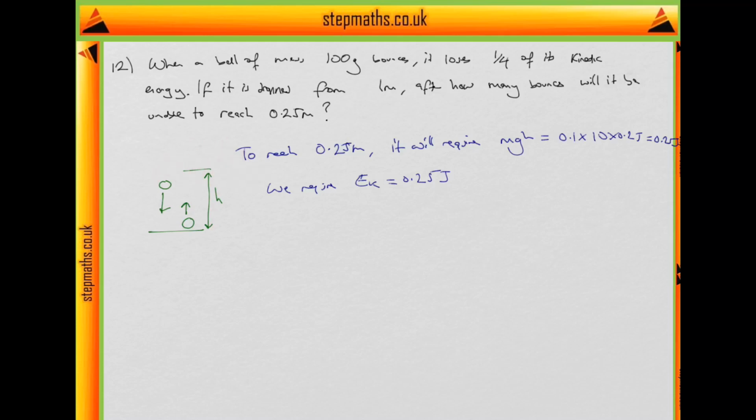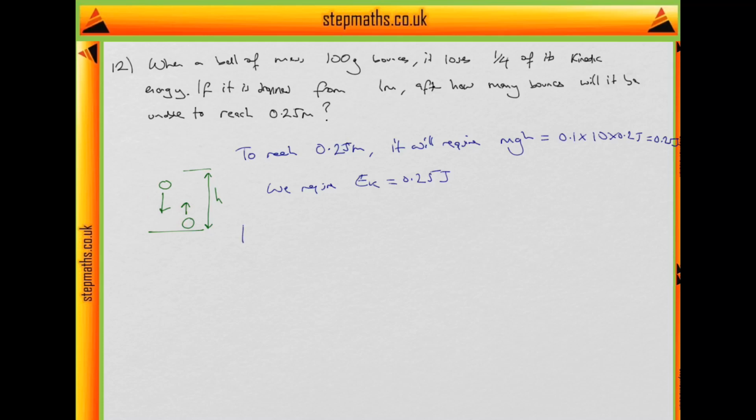So let's try and consider how much energy it starts with. So it's going to be dropped from a height of 1 meter, and it's going to strike the floor with the same kinetic energy as it had potential energy when it's dropped. Because all the potential energy will be converted into kinetic. So if we find the potential energy it has when it's dropped, that will be equal to the kinetic energy it has just before it hits the floor.